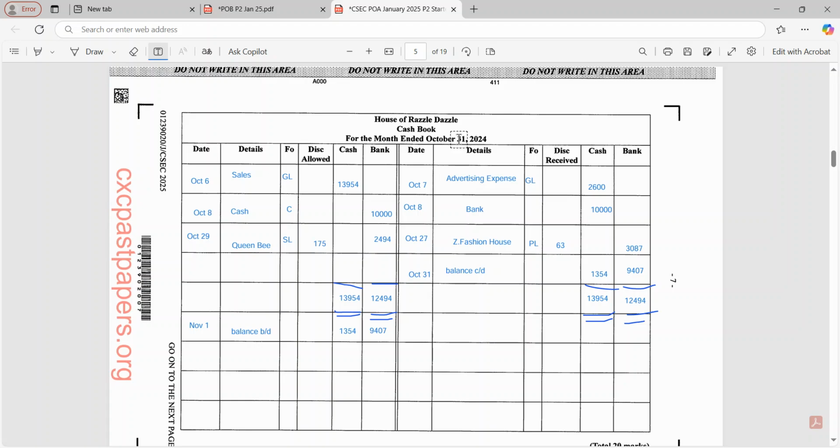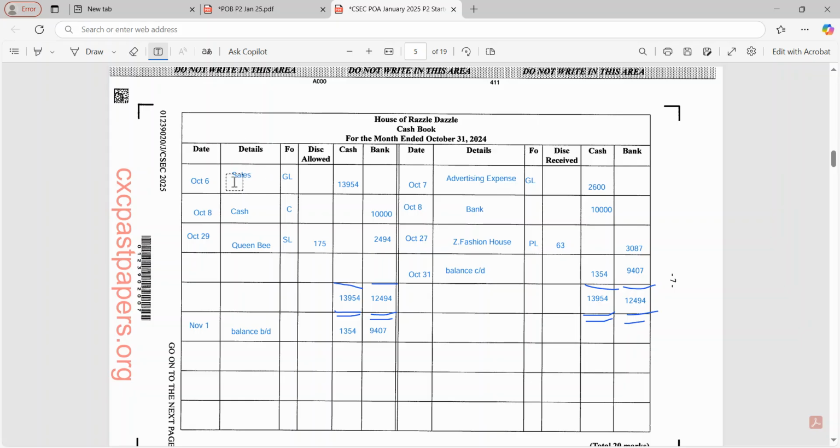You're going to ask yourself, when you are receiving money, which side does it go on? Does it go on your debit side or does it go on your credit side? Cash is an asset, and once you're getting assets in the business, it's going to be a debit, right? So it's 13,954 under your cash. It's going to be the 6th of October for the date.